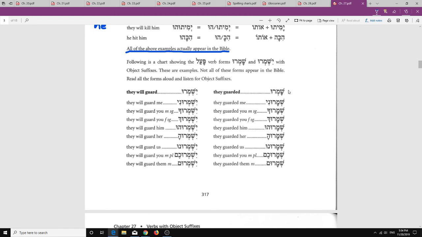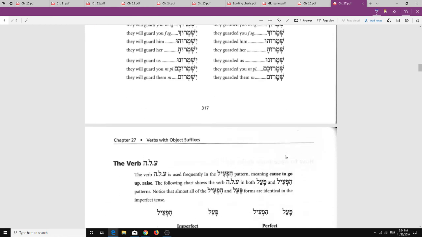So remember, our roots are just 3 letters. And so when you have too much going on at the end, then you might think, this is probably a pronominal suffix. Just leaving that possibility open in your mind will help you as you move towards translation.